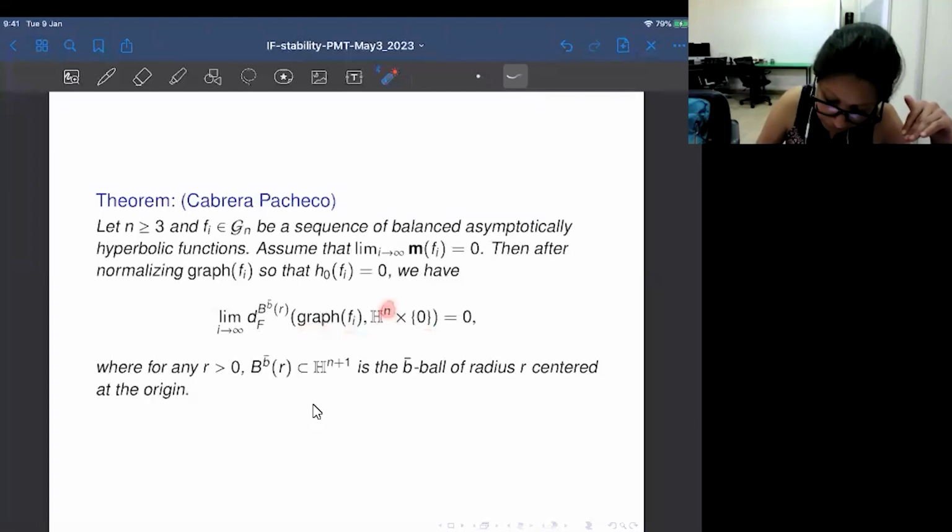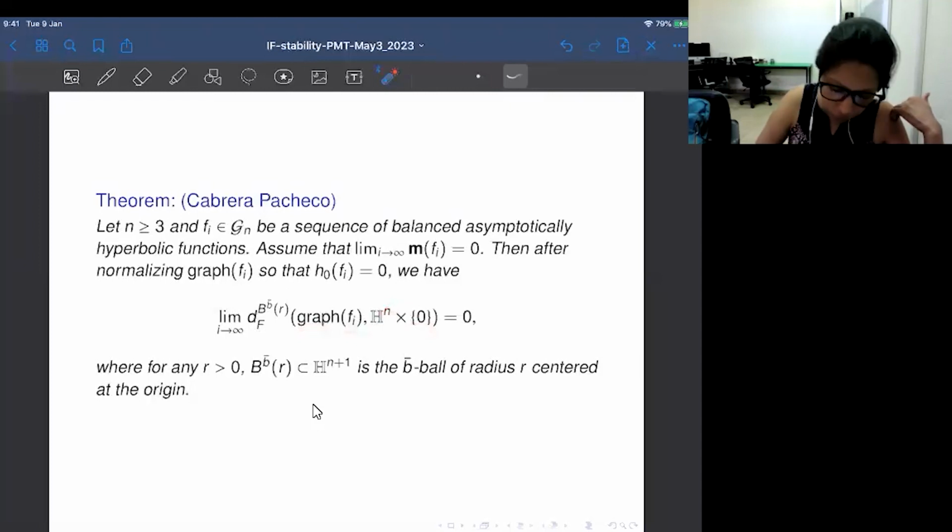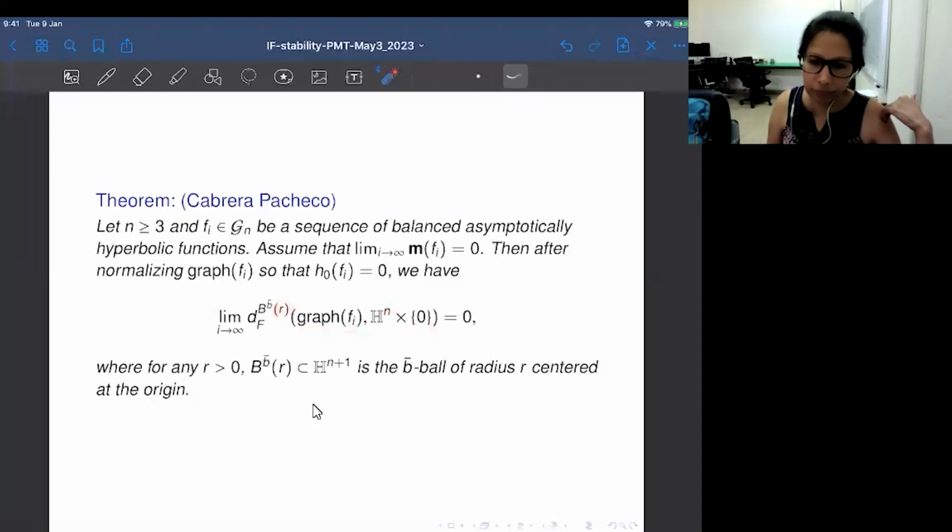So here I have Hn times 0. Okay, and this is true for every r greater than 0. So he has this stability.